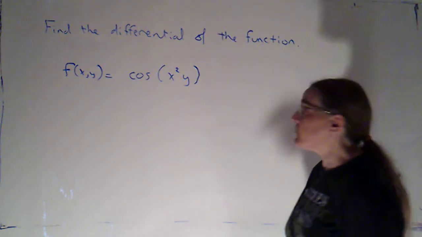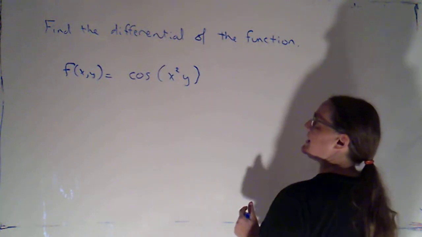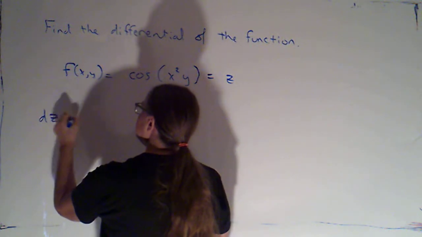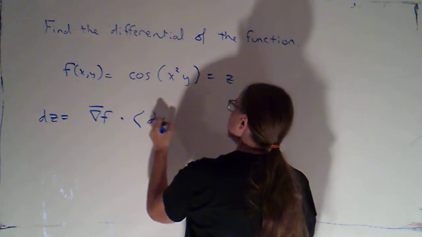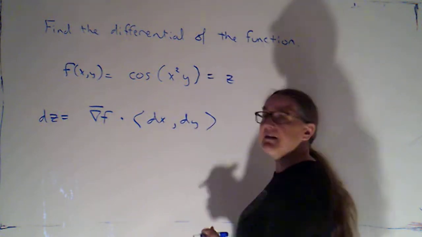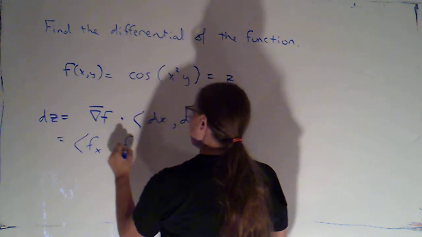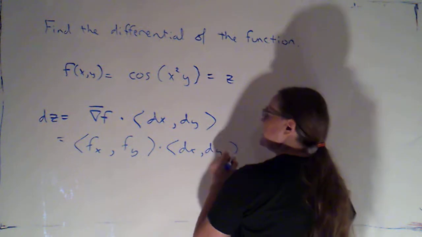Okay. So, in general, if this function was spitting out, I guess it would probably be a z value, I would say that dz is just the gradient of f dotted with dx dy. Notice that's just going to be the partial with respect to x, partial with respect to y, dotted with dx dy.